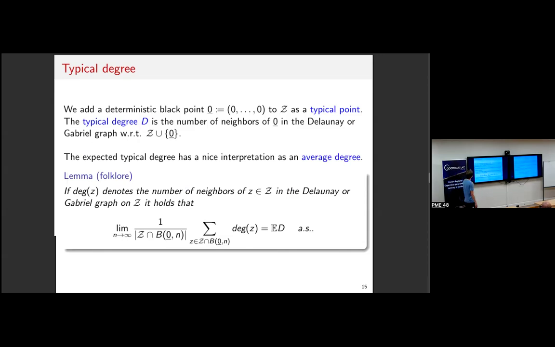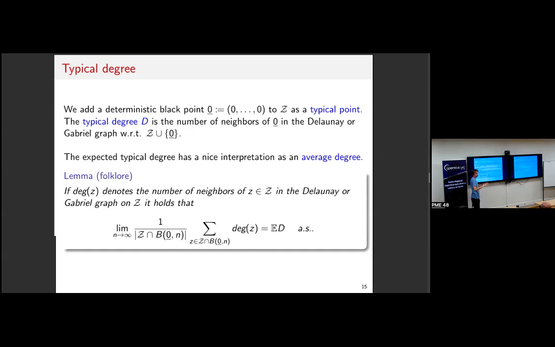So if the degree denotes the number of neighbors, either in the Delaunay graph or Gabriel graph, it works in both cases, then you sum up all the degrees in some large ball with radius n, and you normalize with respect to how many points you have in this ball. So this left-hand side here is just the average degree in a ball of radius n.